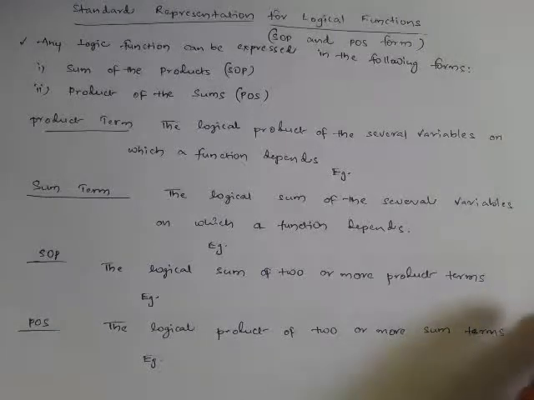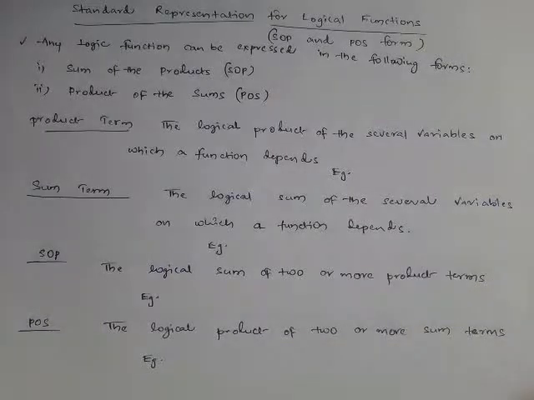So logical product means an AND operation performed between the variables. That means at least two variables must be present to perform the AND operation. So to get the product term, you can perform AND operation between any two variables, or you can perform AND operation on the three variables on which the function depends to get a product term.